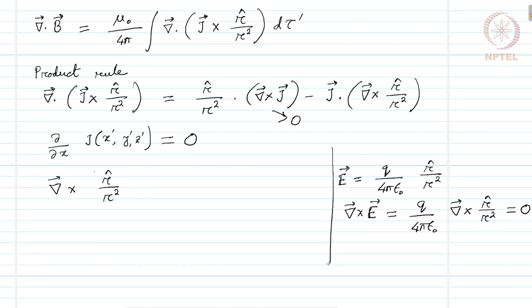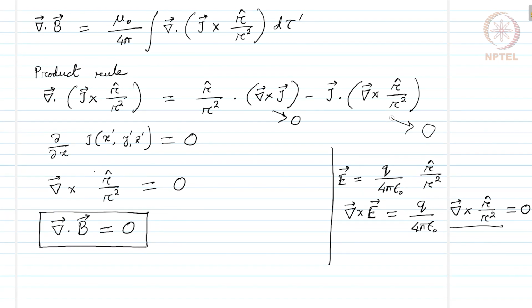We know this already, and that can only happen if this curl goes to 0. That means this quantity is also 0. So, both the terms in the divergence of j cross r cap over r squared go to 0. That means the divergence of magnetic field must be 0. That means the magnetic field is solenoidal. That is always true.